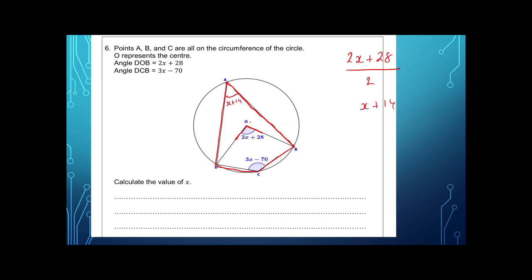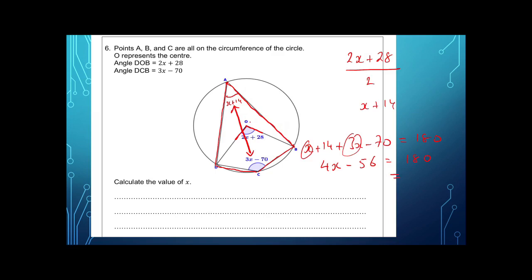So we can now look at these two angles, which are in a cyclic quadrilateral, and say that they must add up to 180. So let's do that. x plus 14 plus 3x minus 70 gives us 180 degrees. 4x, because we've added the like terms, and then 14 minus 70 is negative 56.